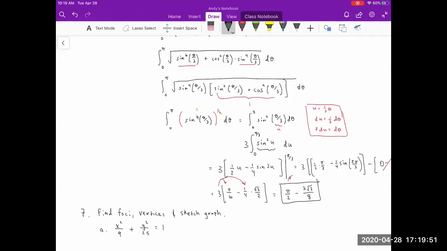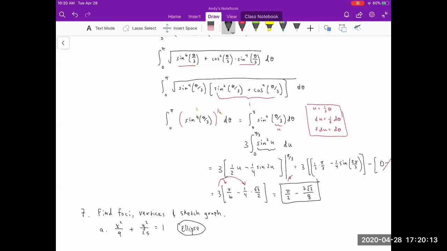Ellipse. It is an ellipse. Why is it an ellipse? It's an ellipse because they're both squared, and there's a plus in between. If they're both squared and there was a minus in between, it would be a hyperbola. If only one of the variables is squared, then it would be a parabola.